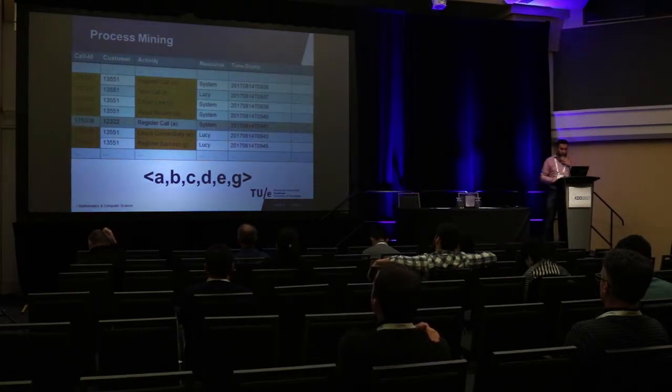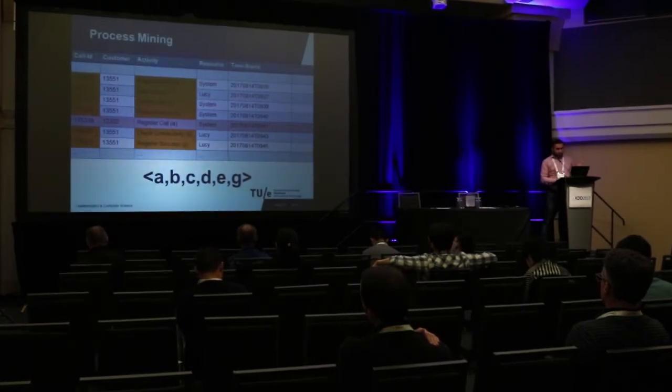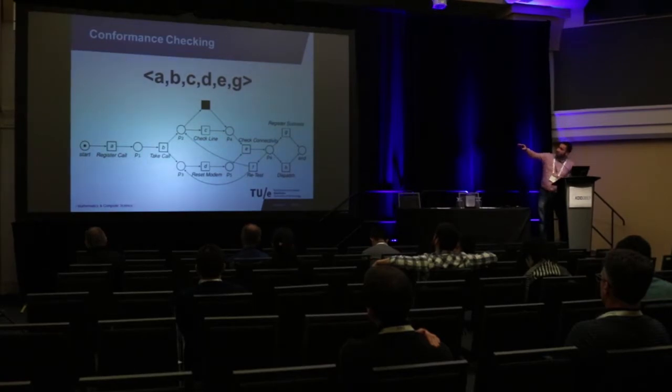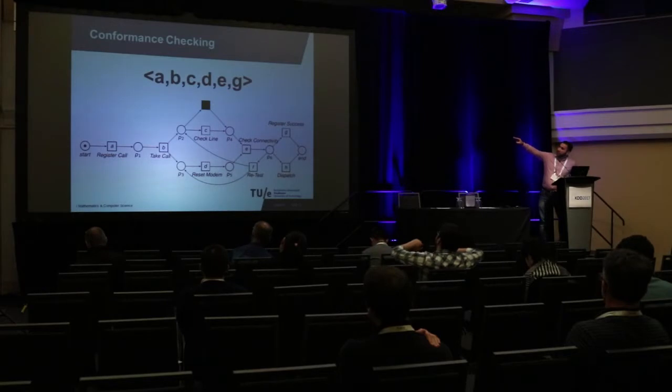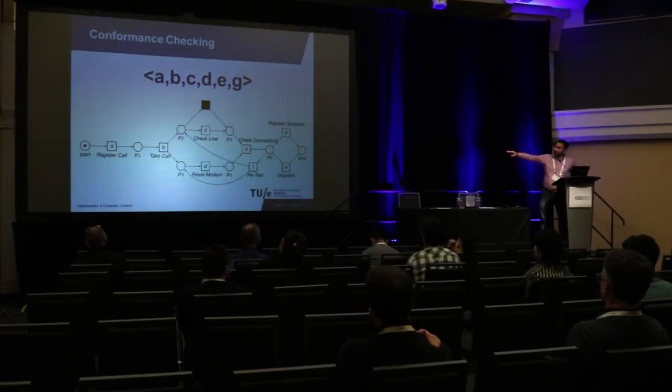So that is our case ID. And now what we want to do is simply checking whether this trace from the event log is conforming with the model that the company has in mind.